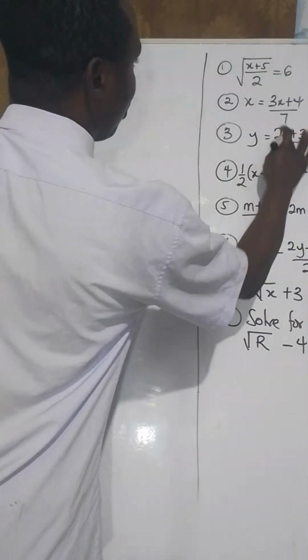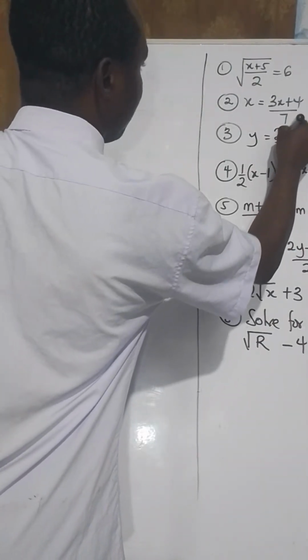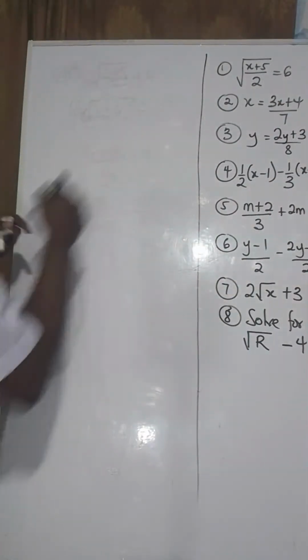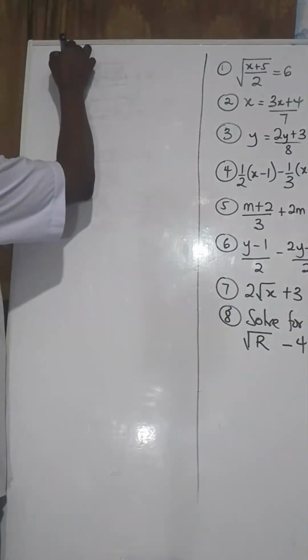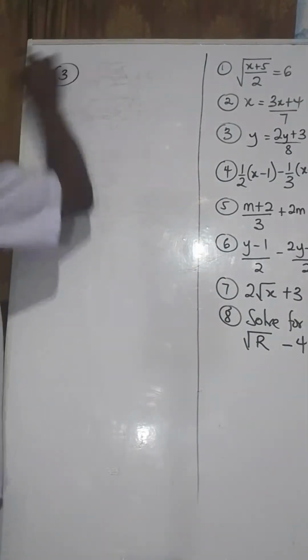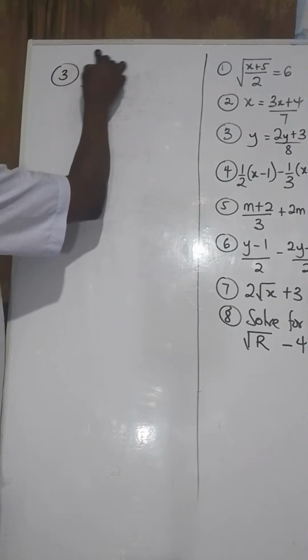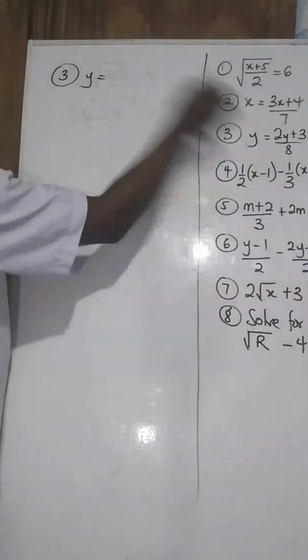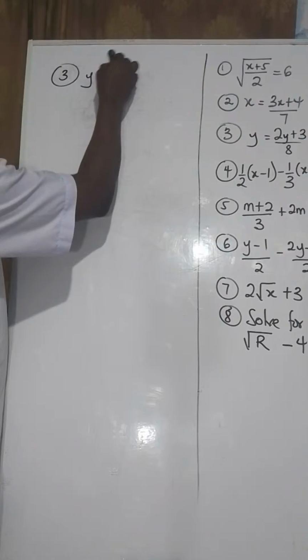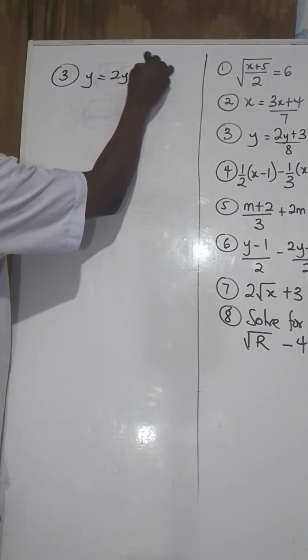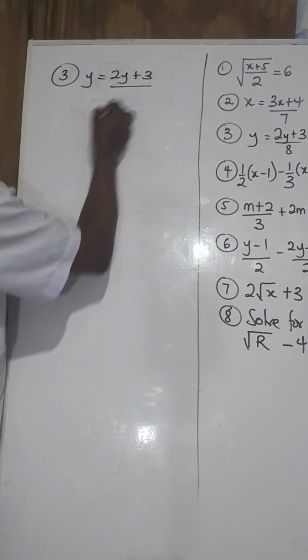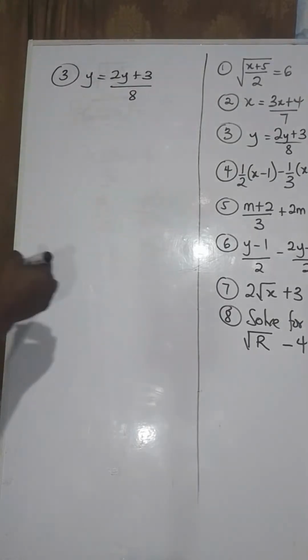There should be y, sorry. Right, so with this, we have y as question 3. y = (2y + 3)/8.